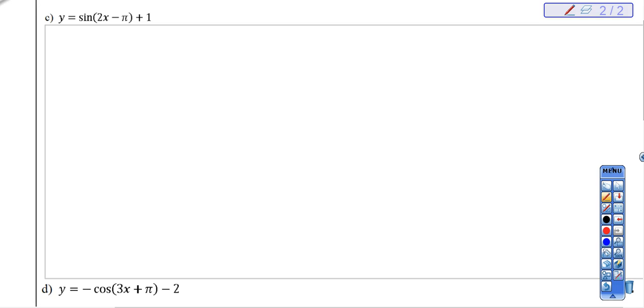If you still want to draw the parent function and then do one shift or one transformation at a time, continue to do that if that's what works for you. But I am going to offer you some advice so that you can maybe do 2 or 3 things at the same time and draw fewer intermediate graphs.